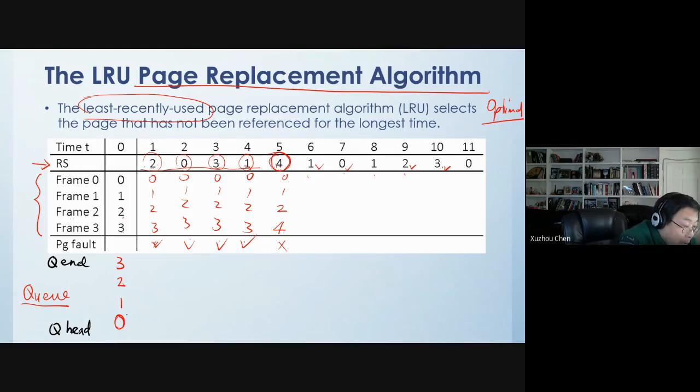So we replace 0 with 4, instead of, as in optimal, replacing 3 with 4.